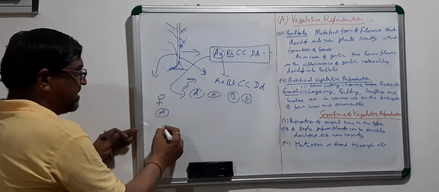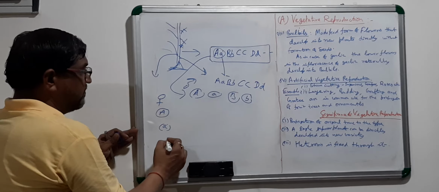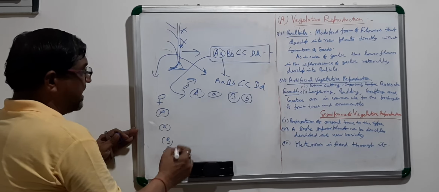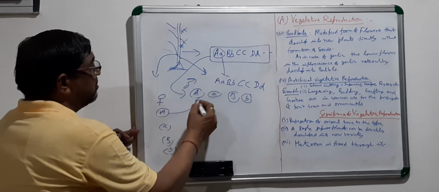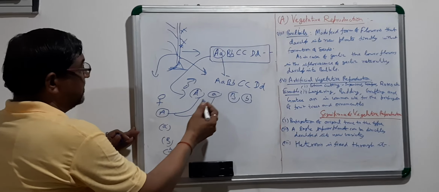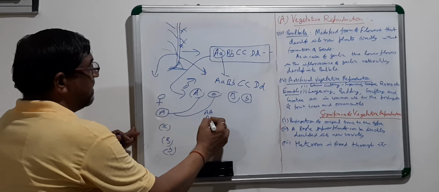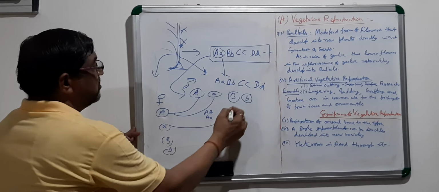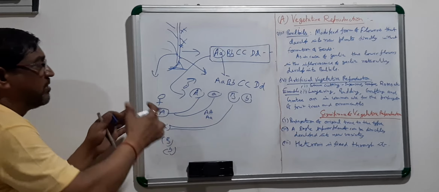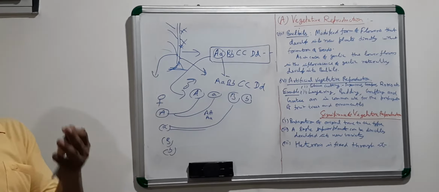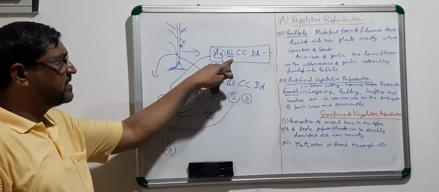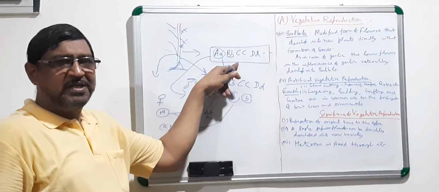If it is selfing, capital A, capital B, small b, like that, and this A is free to meet any. So this may give capital A or capital A small a. This is free to meet any. So you are going to get a lot of different combinations. You are not going to get the same genetic constitution.